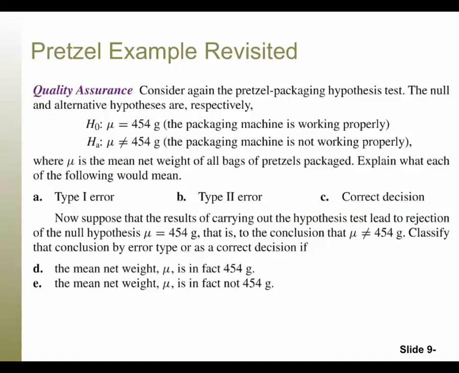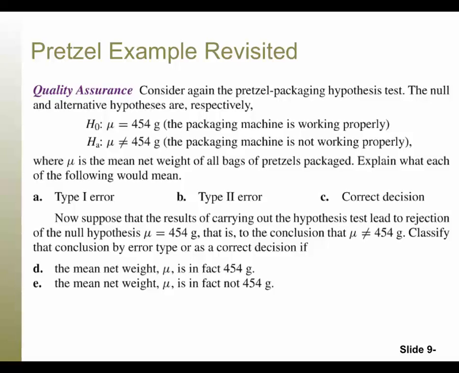Okay, so we'll do this together. So here's the pretzel example again. Our null hypothesis was that the population mean, or all bags, have a mean weight of 454 grams. The alternative hypothesis is that they don't. The machine is not working properly.